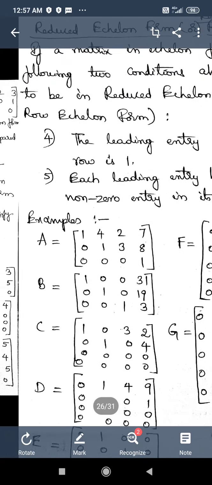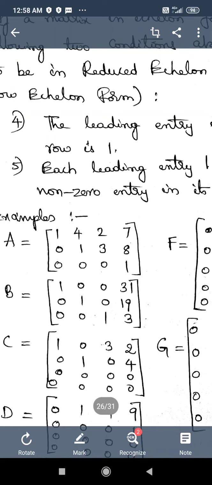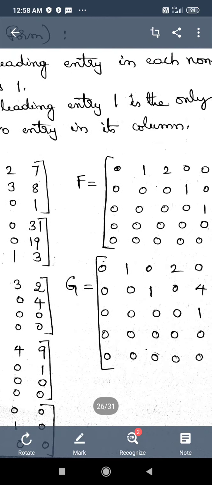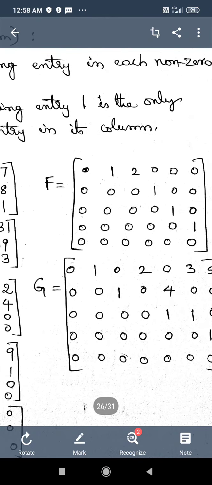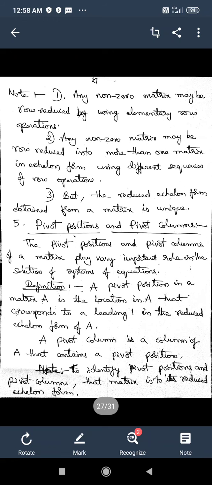So in the second column of matrix A, 4 is another non-zero element apart from the leading element 1. So A is not an example of a row reduced echelon form, but B, C, D, E, F and G, all the other examples, satisfy the reduced echelon form. So let us move on to the next.